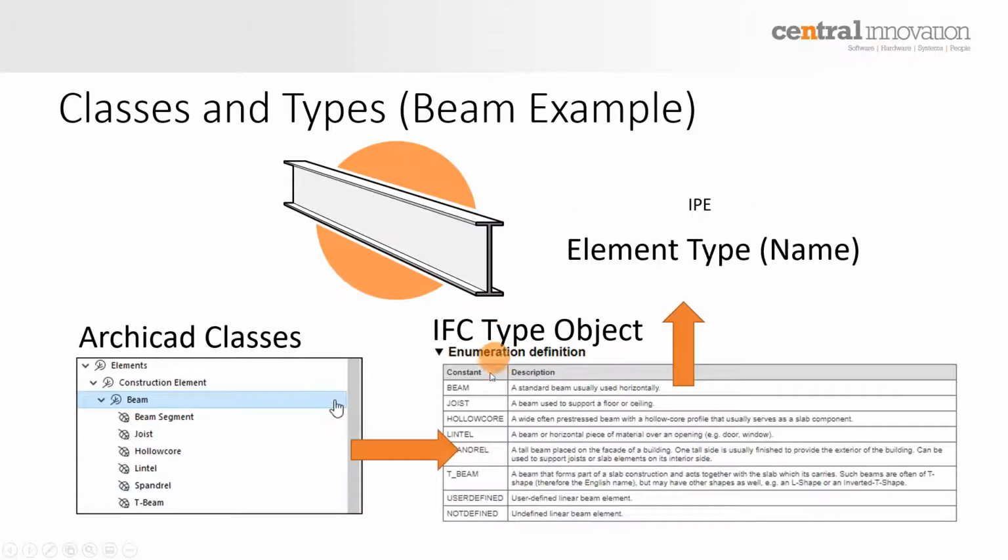And that can all be part of a predefined joist, predefined lintel, and so on. So what you'll see here is that there's a direct relationship between the Archicad classes and the IFC predefined types. But between the predefined types and the element type name, or simply type, there is a parent to child relationship, where you classify that as one of the predefined types or simply not define it, but you still have the option to give it a type or a type name.